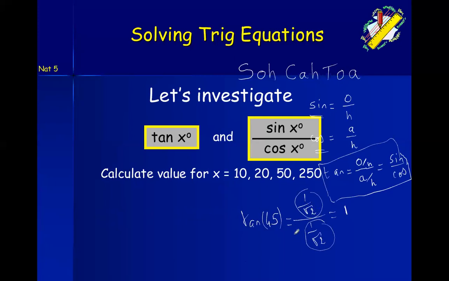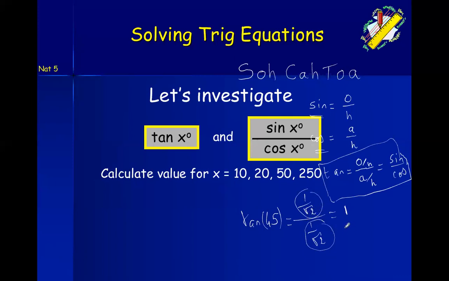So if you type tan 45, if you're in degrees, you should get 1. Because sine 45 is 1/√2, or √2/2 if you rationalize that denominator.